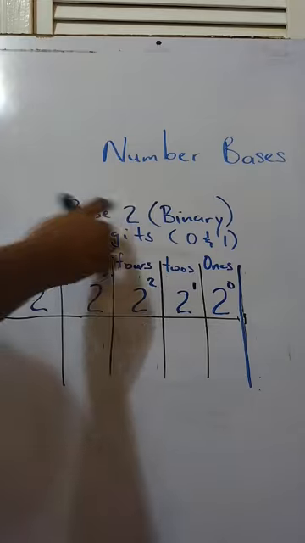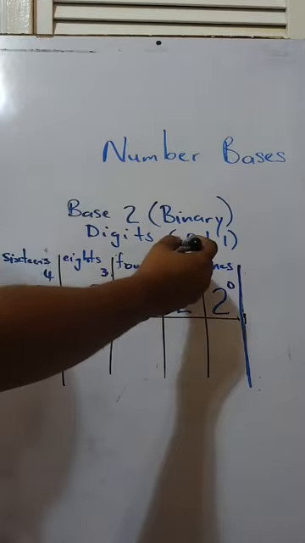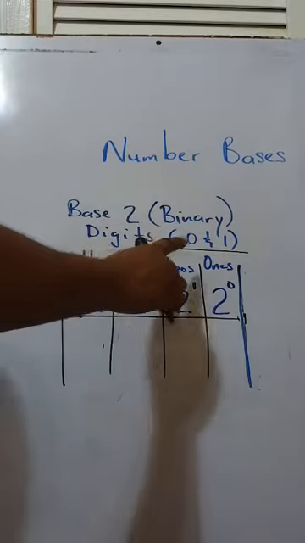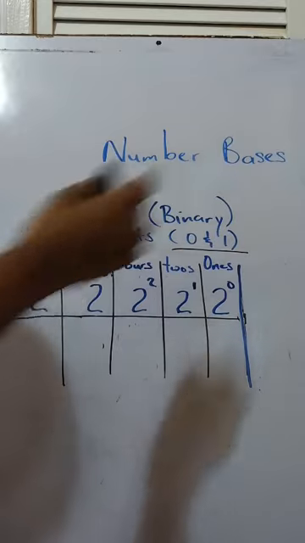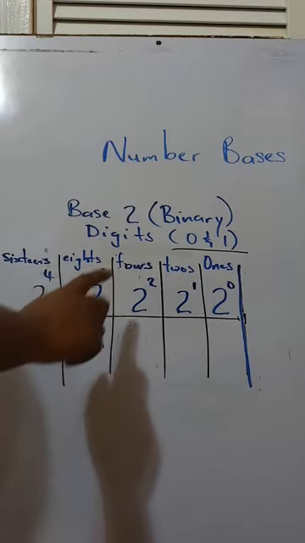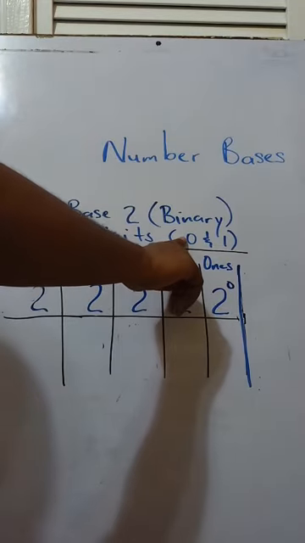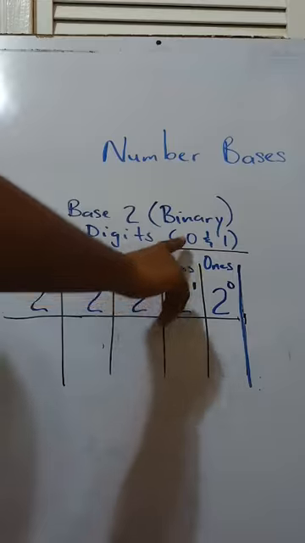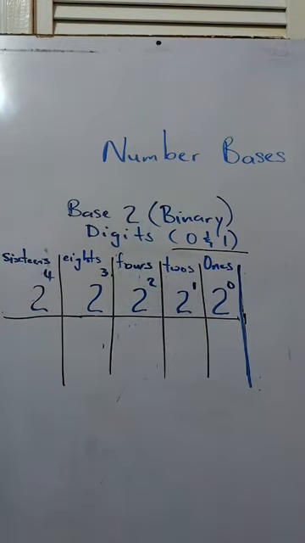With the base 2 system, however, it's a little different because we are only allowed these 2 digits, 0 and 1. So any base system, the base itself tells you the number of digits. If it says base 2, it has 2 digits. If it says base 3, it has 3 digits. Base 10, it has 10 digits. And all bases start from the digit 0. So base 2 will have 0 and 1.